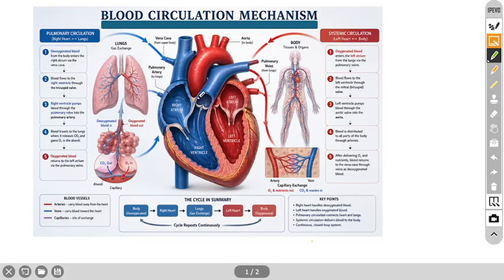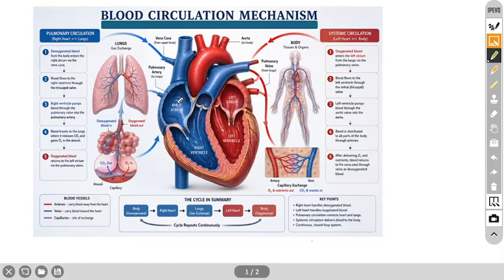The left side of the heart is red, because it carries oxygenated blood. Okay, that is the overview of the parts of the heart, and then we move to the detailed mechanism.